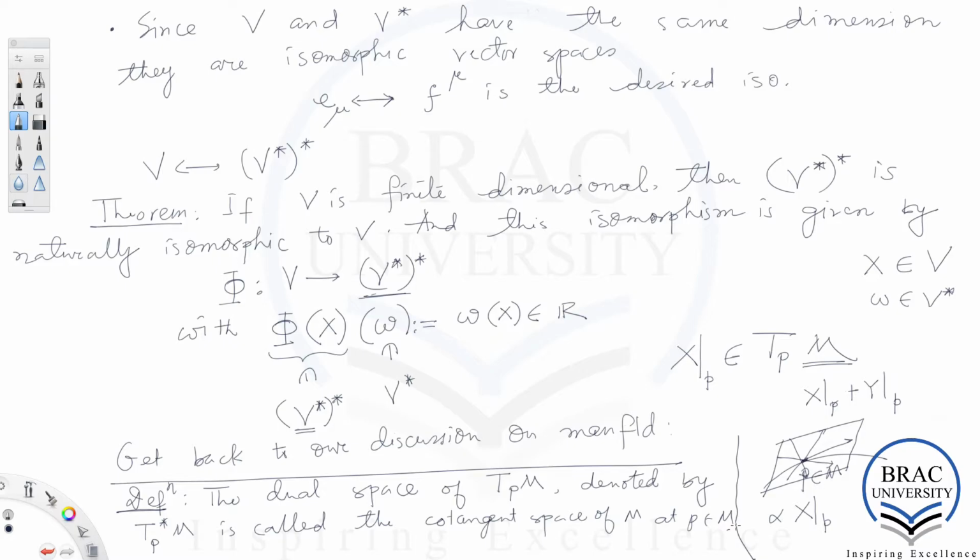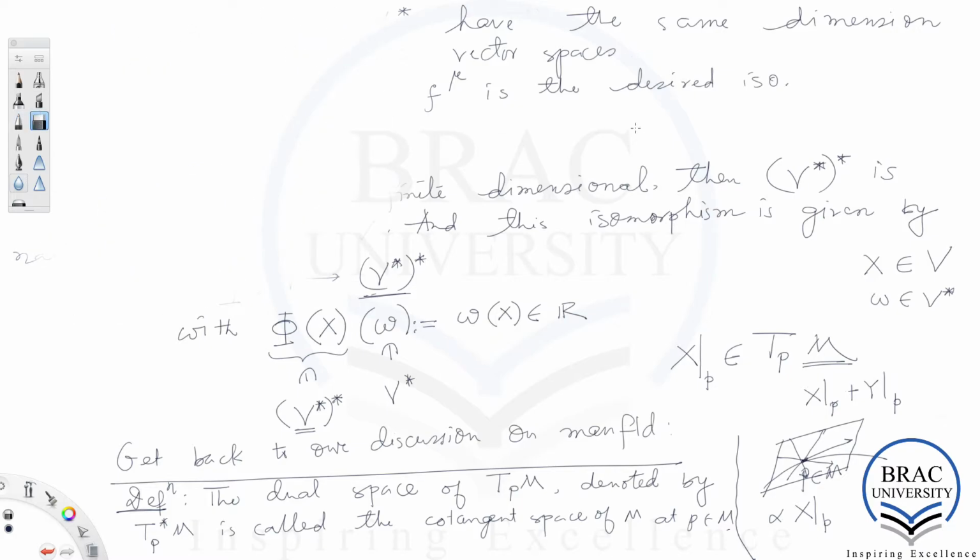Now since TPM is a vector space, we consider its dual vector space, that is TP star M, which is called the cotangent space of M at P in M. Okay, good.